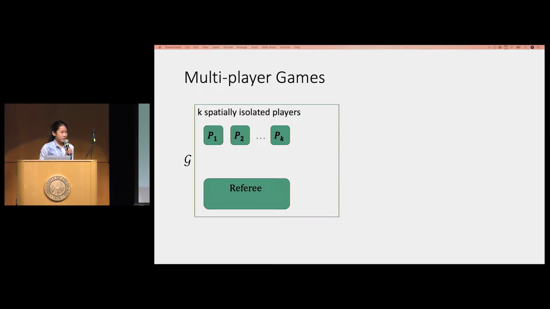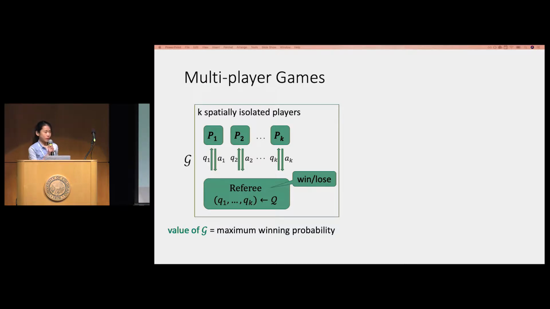The referee samples k queries from some distribution and sends the ith query q_i to the ith player p_i, and receives back an answer from each player. Then, based on the answers and the queries, he decides whether the players have all won or lost the game. We define the value of a game to be the maximum winning probability of any player strategy.